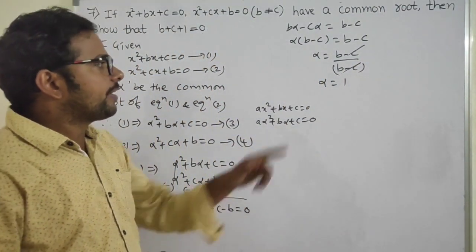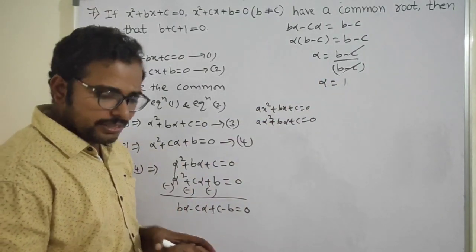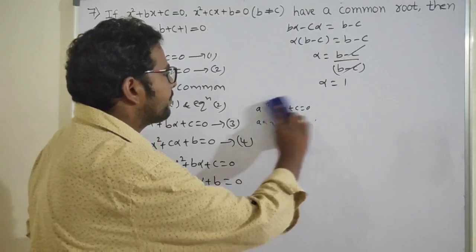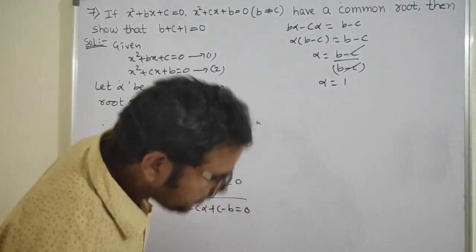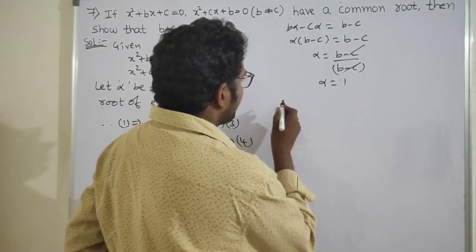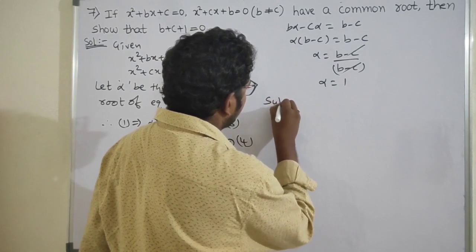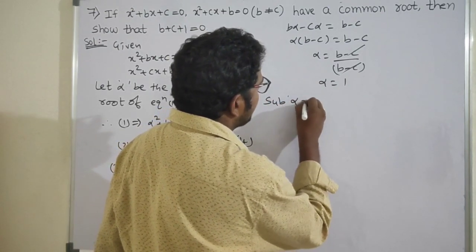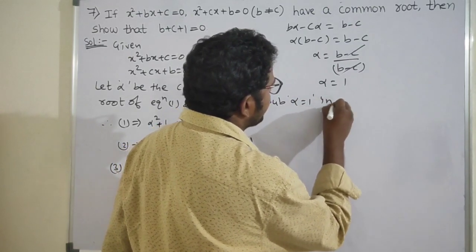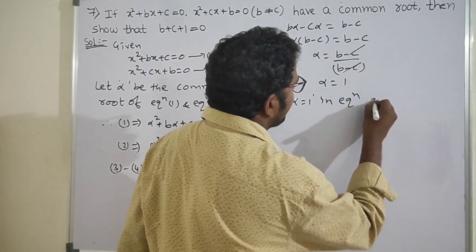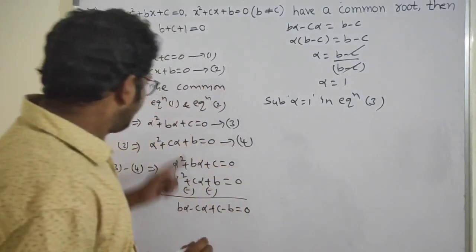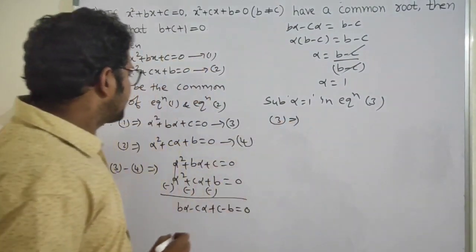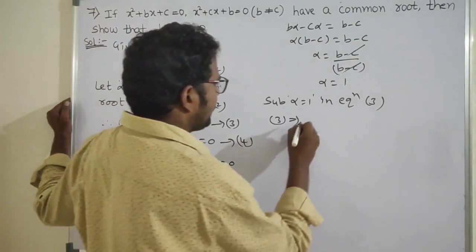Now substitute alpha equals 1 in equation 3. So from 3, what is equation 3?